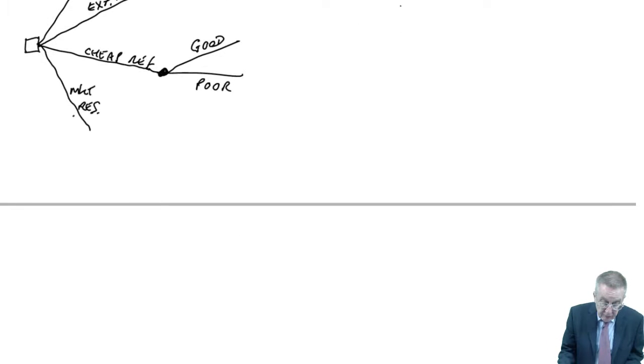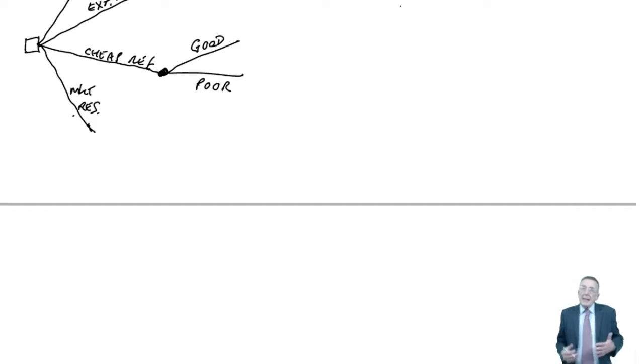What about market research, though? If we choose market research, we'll pay them the money, but then we have to wait and see what they tell us. They will tell us that they think it's going to be good or that they think it's going to be bad. Because we don't know, that's uncertain.